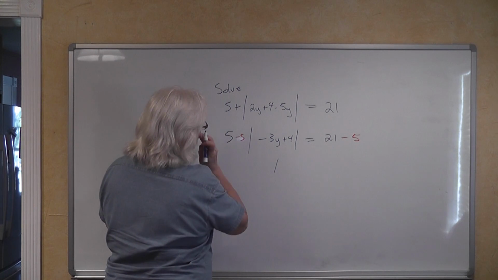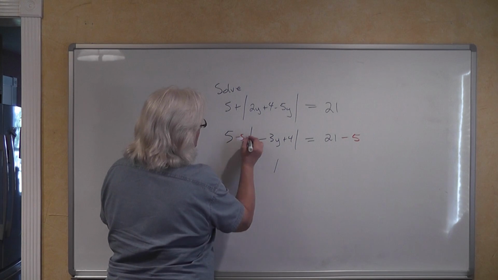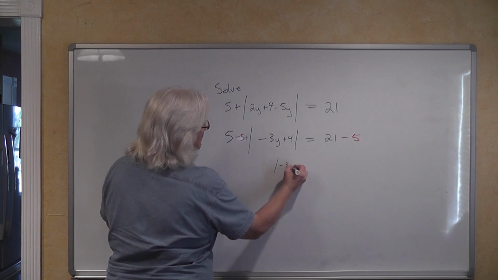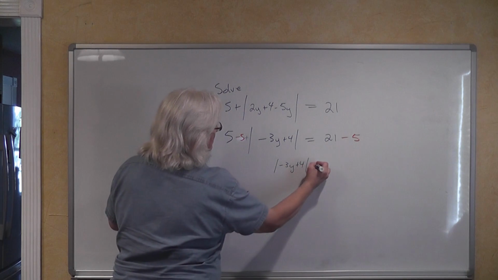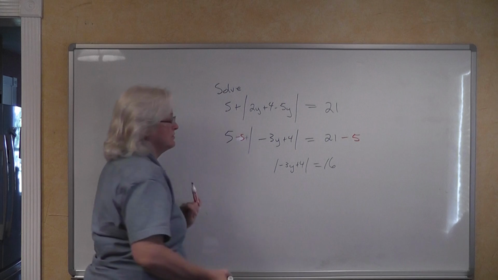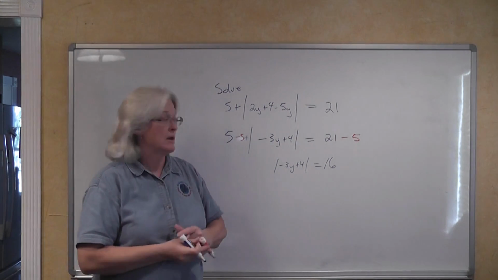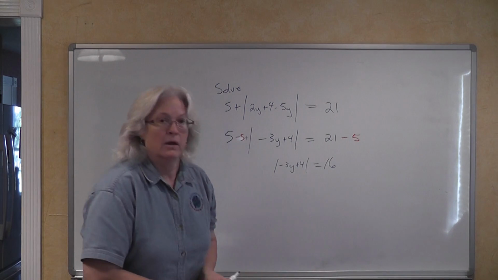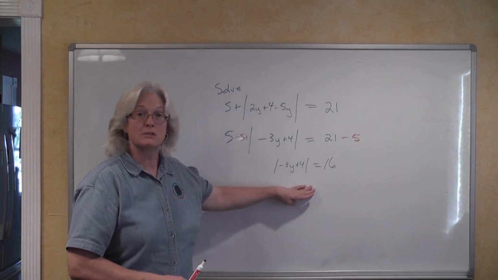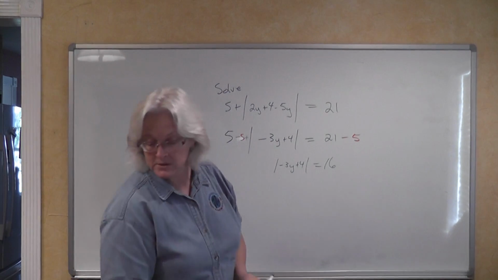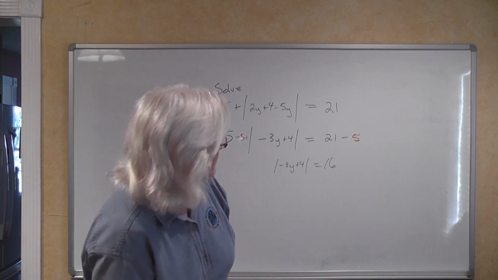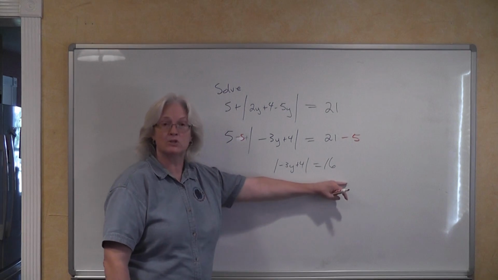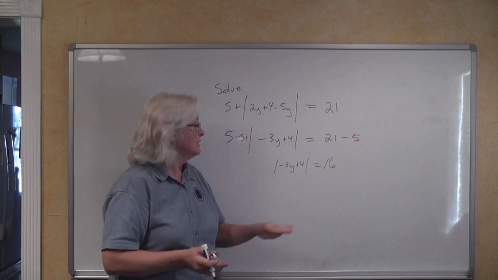The absolute value of negative 3y plus 4 is equal to 16. Now, I'm just dropping things all over the place. Now we're at a point where we can solve this absolute value equation. And what did we say we want to do?